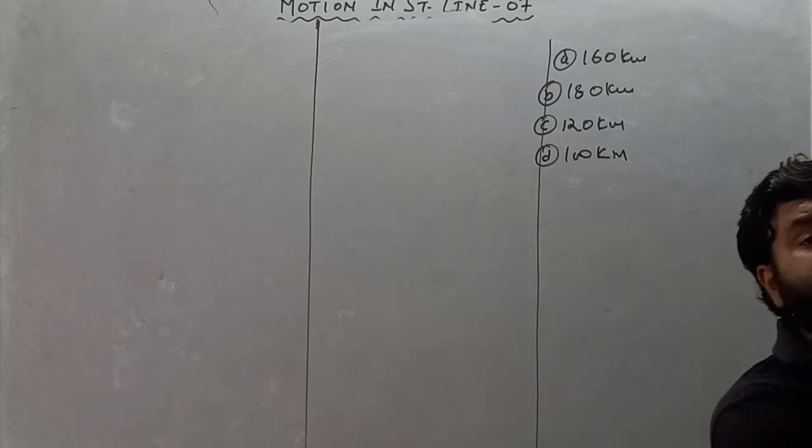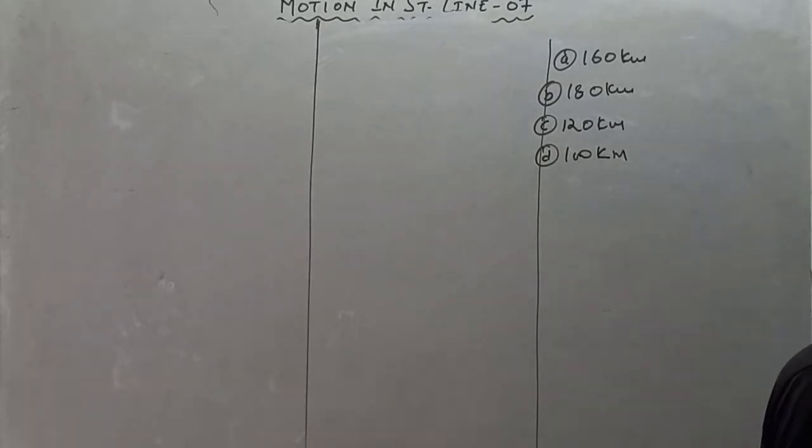See, they are saying uniformly. Uniformly means acceleration is constant, my dear student. Remember this thing: if velocity is increasing uniformly, or we can say speed is increasing uniformly, then acceleration remains constant.